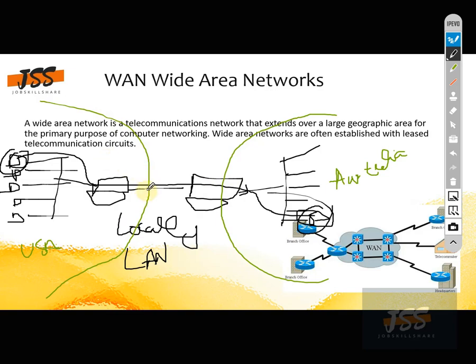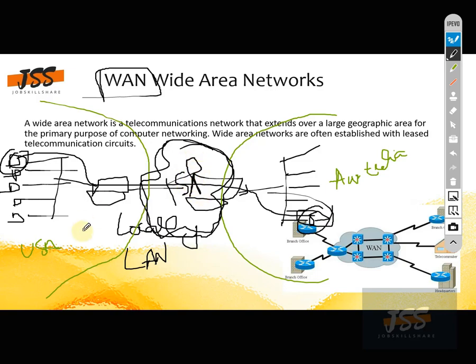To solve this issue, we use WAN, wide area network. When we talk about a wide area network, it means we must have some kind of intermediary device or service provider, the ISP, involved. Without an ISP, we cannot do communication between these two geographical areas.